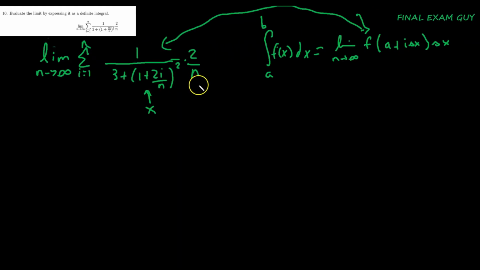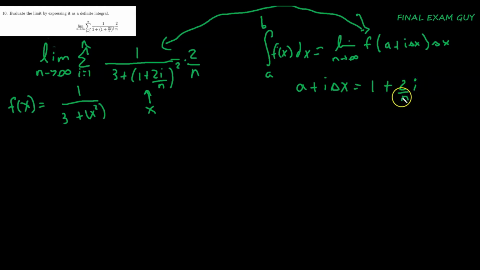So our original function, f of x, is the function we're dealing with, because we can see here that a plus i delta x is in this parentheses, so a plus i delta x is 1 plus 2 over n times i.